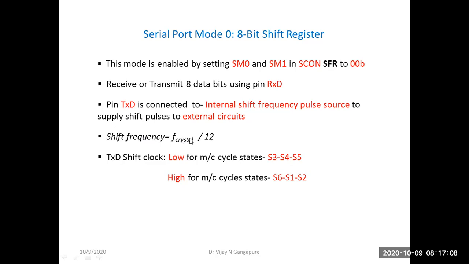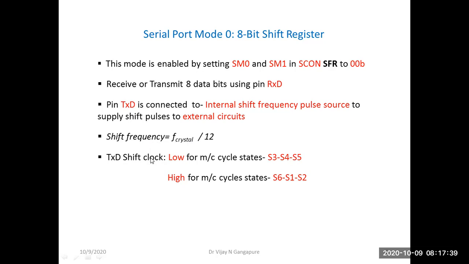Means in this period of this frequency, one bit will get shifted on RxD pin, or one bit will get received on RxD pin. That is the meaning. So this shift frequency period consists of 12 clock pulses of frequency F crystal. So that is actually machine cycle of 8051, which consists of 12 clock pulses.